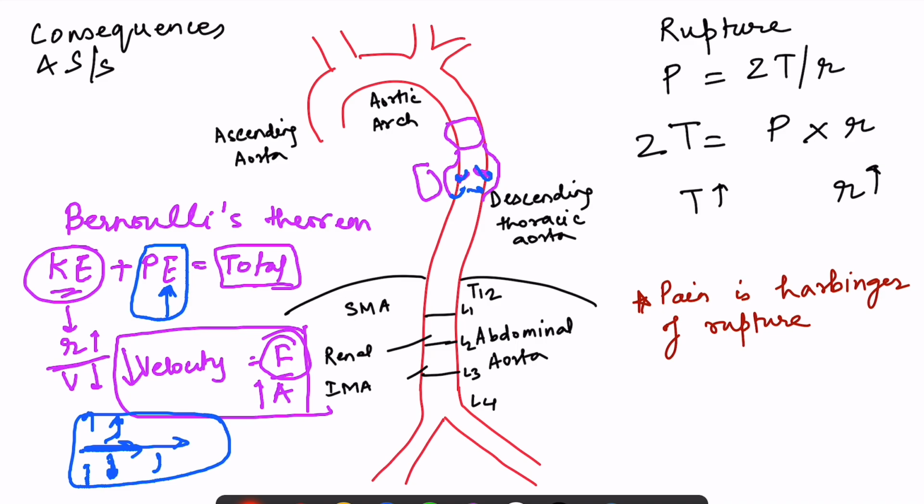That is one thing. Then Laplace law explains why there are chances of rupture. Laplace law says P is equal to 2T by R. So 2T, that is the tension on the vessel wall, is equal to pressure into R. If radius increases, then with the same pressure, tension on the wall is increasing.